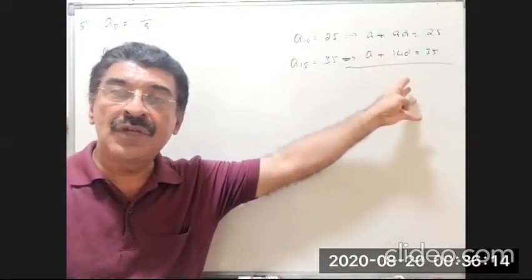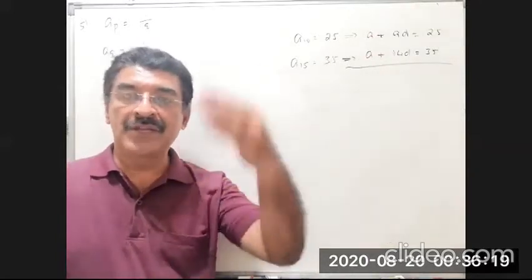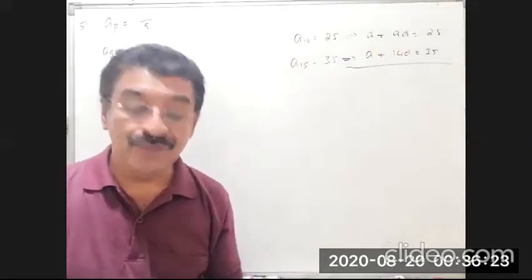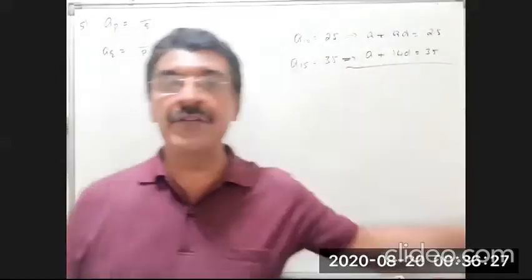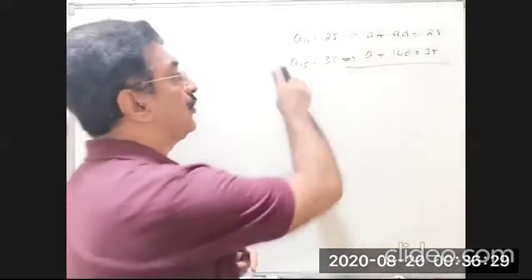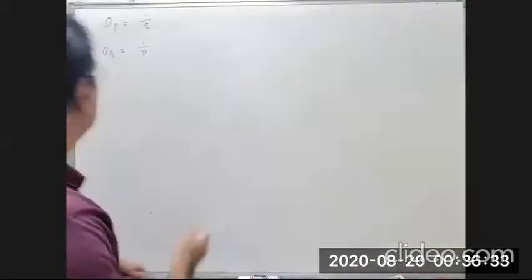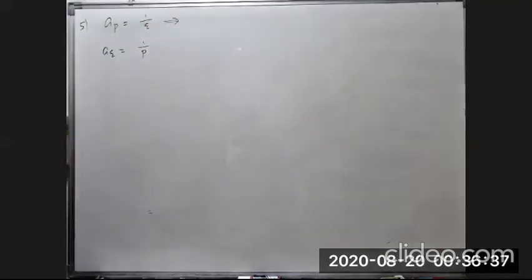Solving these two linear equations in two variables by elimination, by subtracting, we can find a and d, and once we find a and d, we can find everything. Exactly the same here. Only, instead of 10, 25 and 35, here 1 by p and 1 by q are given.